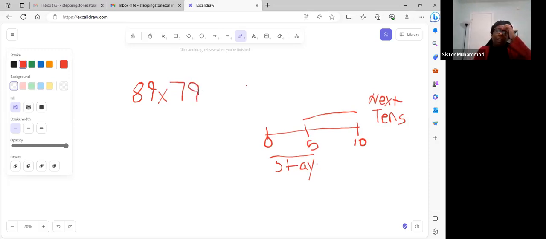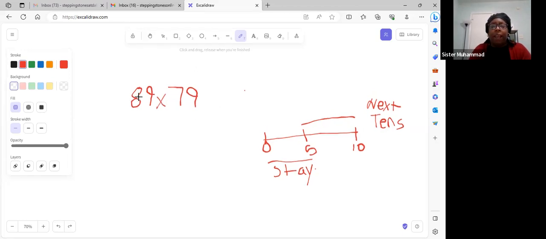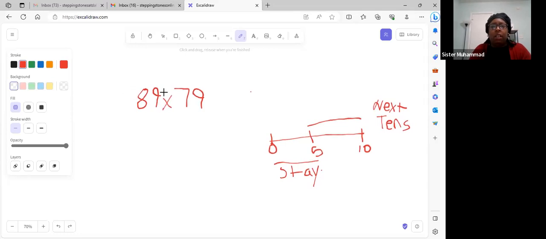All right. Now, remember, starting off, we're only interested in the ones place, okay? So for 89, we have 9 in the ones place. So the number 9, is it between 0 and 4, or is it between 5 and 10?